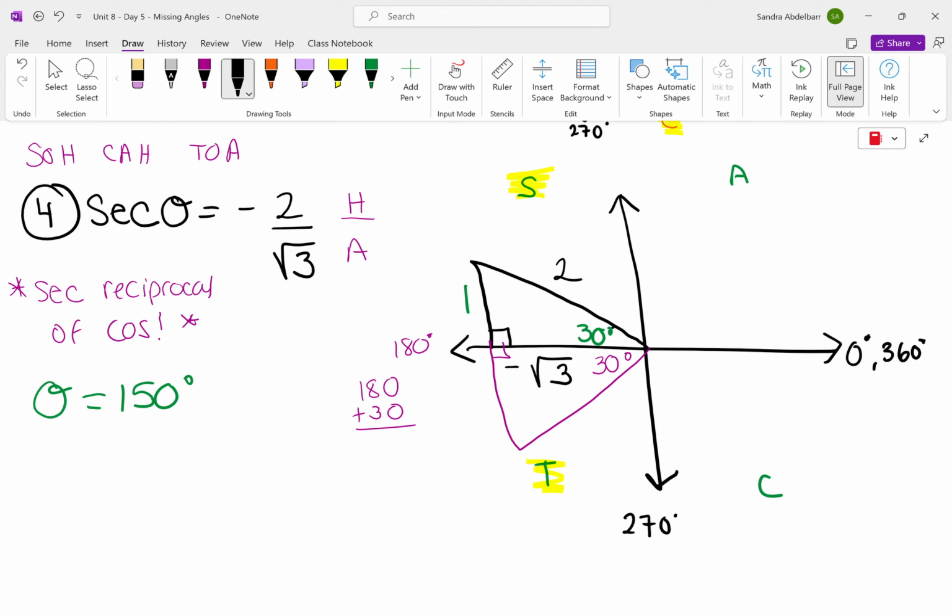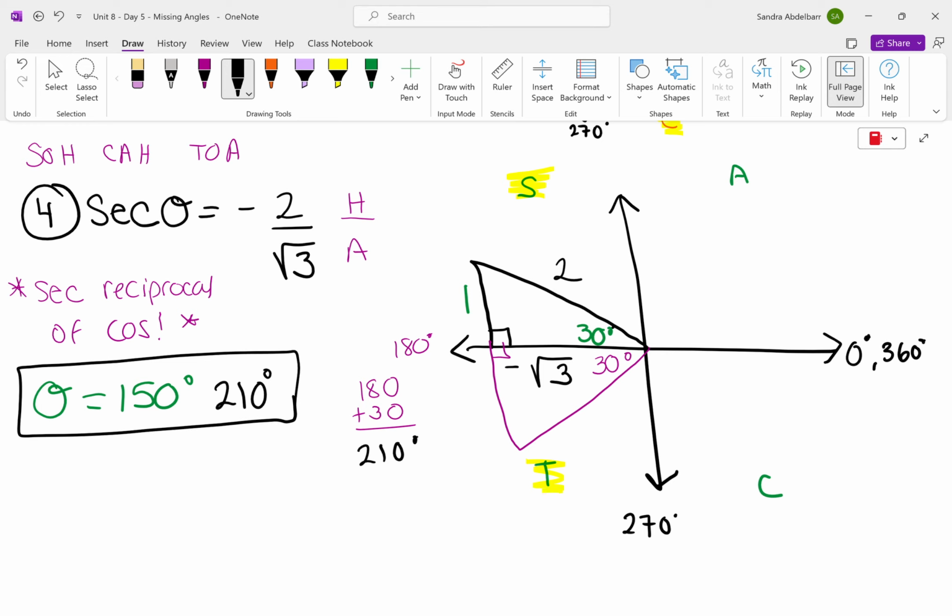Why would I add it? I'll show you. From this to this, we're going from 180 to 270. So this is getting bigger. Our angle's getting bigger. So we're going 30 degrees past 180. Before this, we're going 30 degrees before 180. So this time we add the 30 degrees. So when we add the 30 degrees, we're going to get 210.